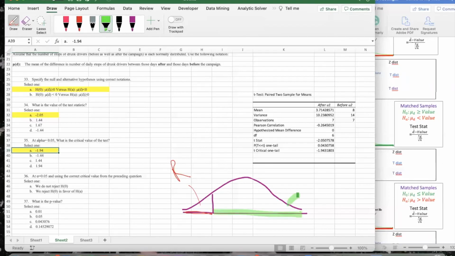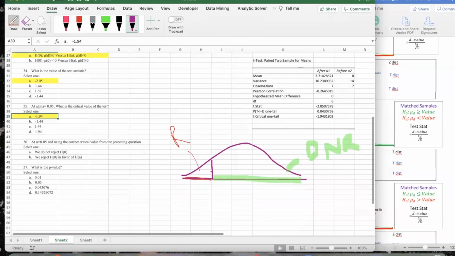This is green for our do not reject. And this right here is our critical value. So we've determined our critical value is negative 1.94. So let's just do negative 1.94.